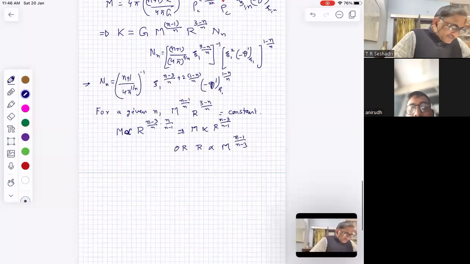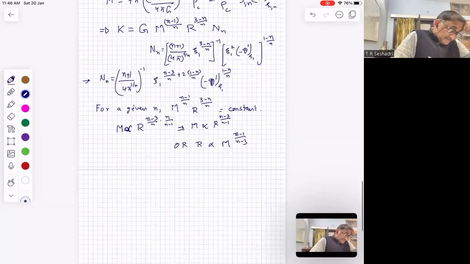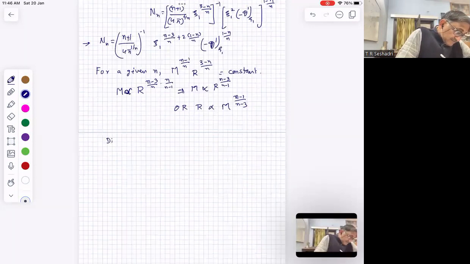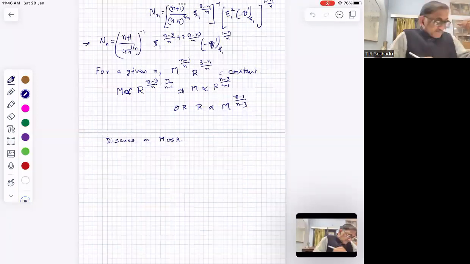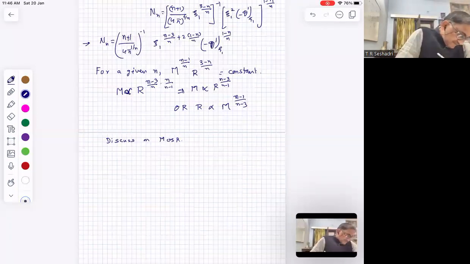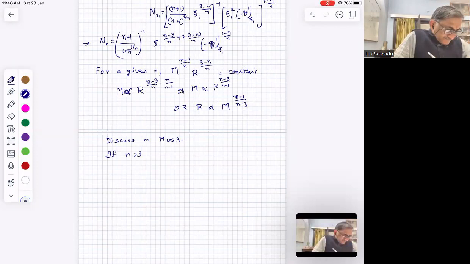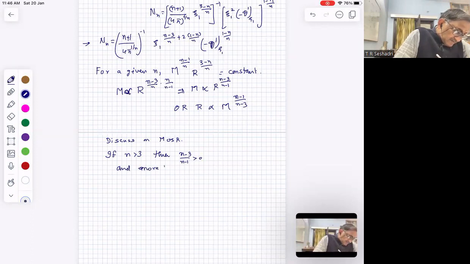Now comes a very interesting aspect, which is a discussion on M versus R. And that is the following. If n is greater than 3, then (n-3)/(n-1) is greater than 0, and more the mass, more the radius.